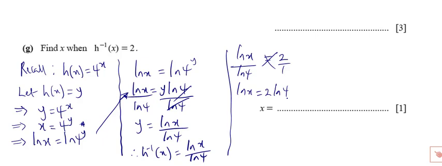Now, because I'm looking for my x, I can write this equation as ln x equals ln 4 raised to the power of 2. This 2 goes up, there's a rule for that. So I have ln x equals ln of 4 to the power of 2, which is 16. Now, since I'm looking for x and not ln x, what I will do now is find the exponential of both sides.